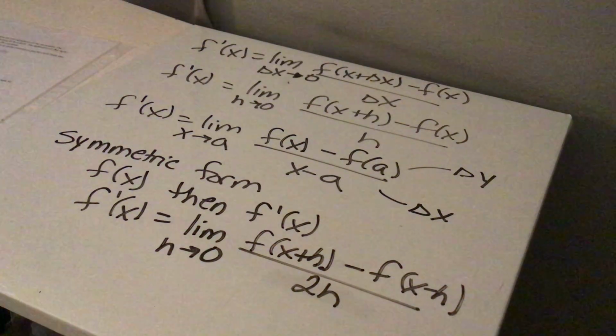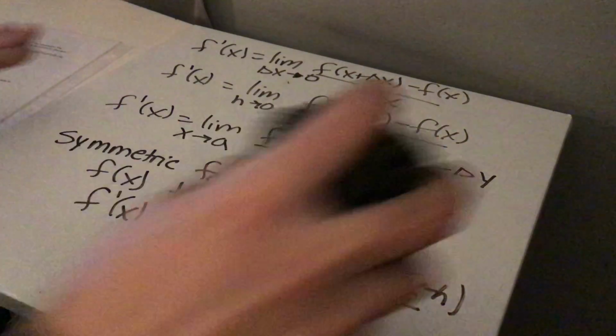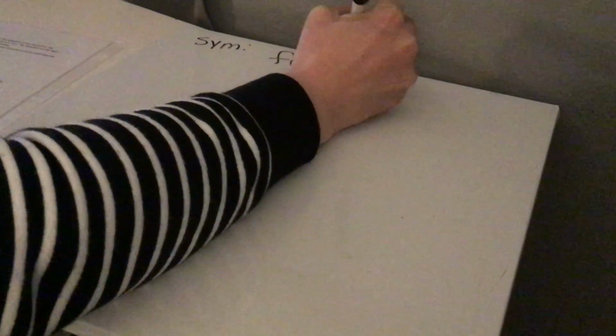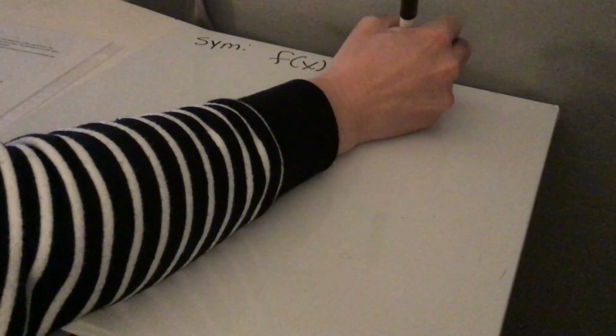All right, 2 examples, and then that's lesson 44. So using these new definitions, we're going to use the symmetric definition for f of x equals negative 3x plus 2. We want to find the derivative using the symmetric definition.